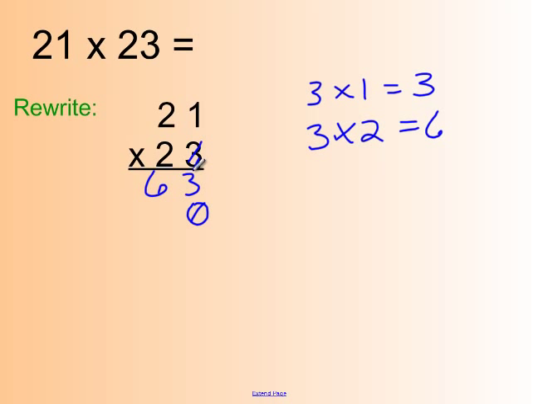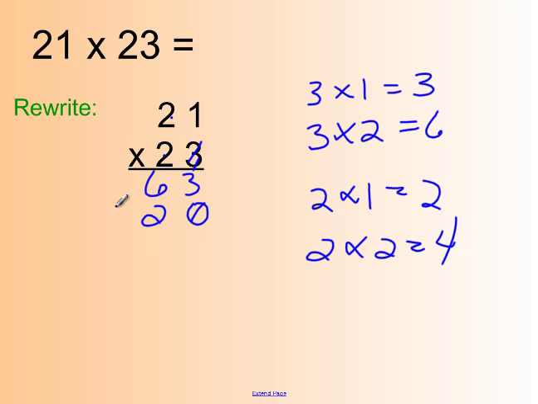Now we're going to multiply. 2 times 1 is 2. And then we're going to do the 2 times the 2 is 4. And that's going to be written next door, right here, because it's really 21.